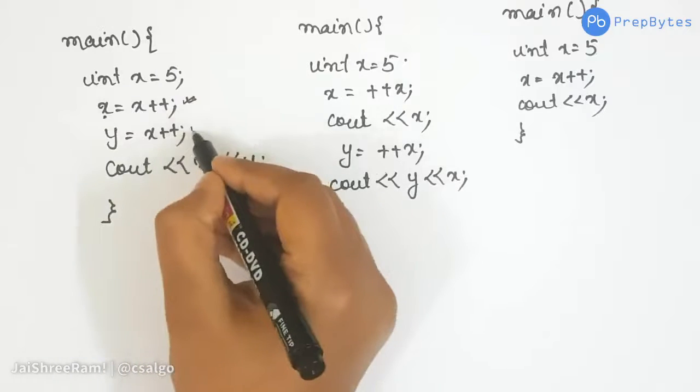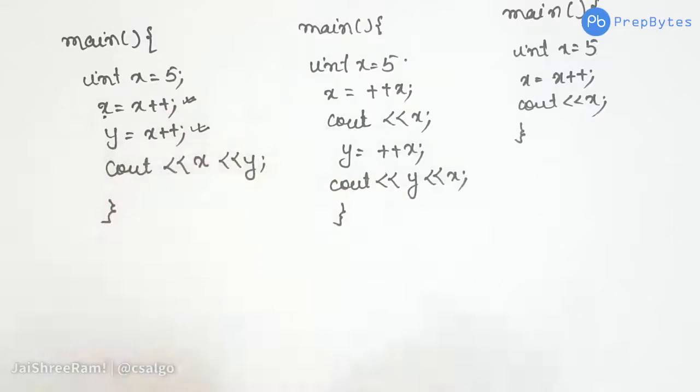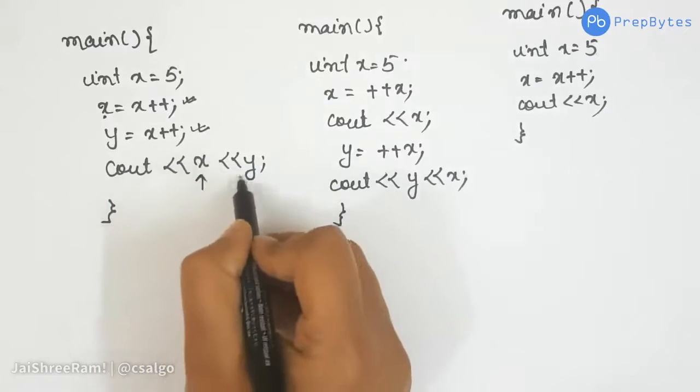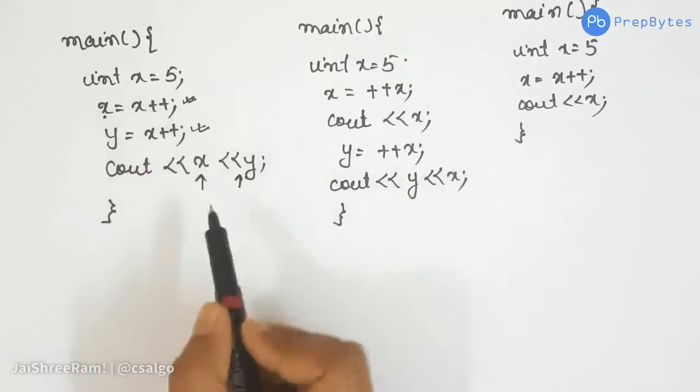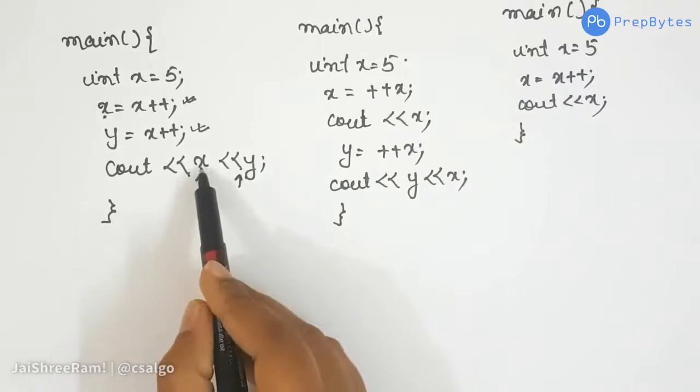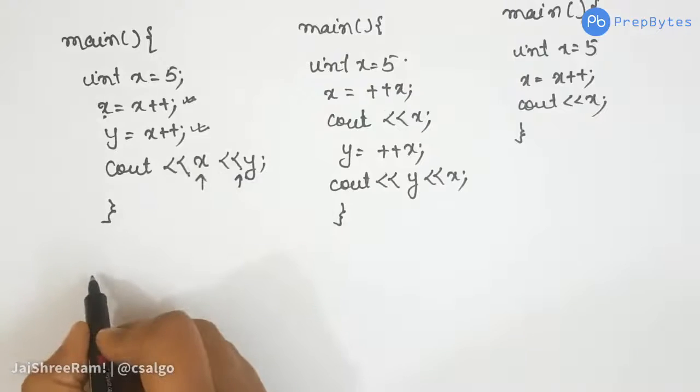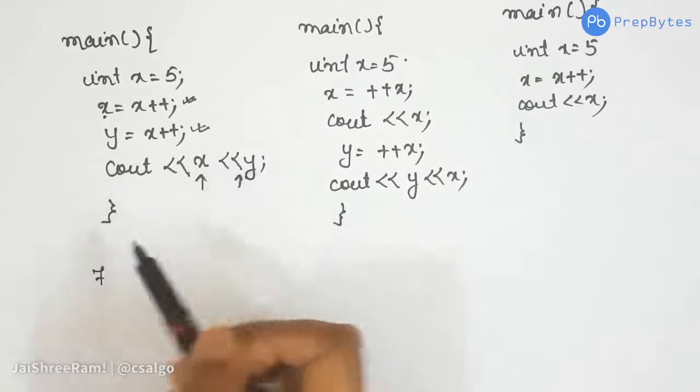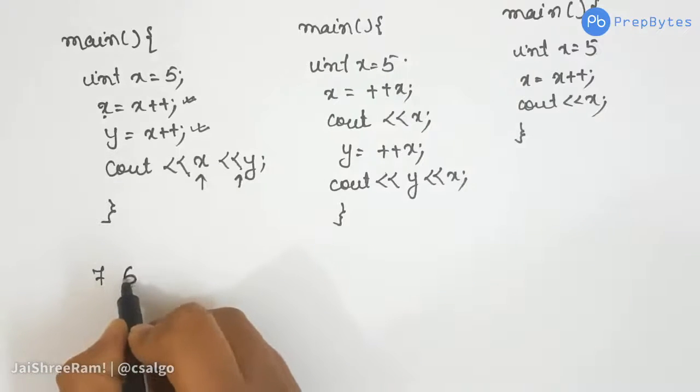Then I'm again incrementing x, assigning the value to y. And I'm printing x and y. So in this case, first I want you to solve by yourself, and then come on to see the solution. I am discussing the solution now. So here my x will be 7 and my y will be 6.